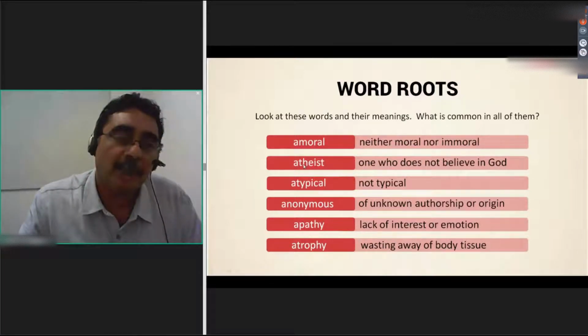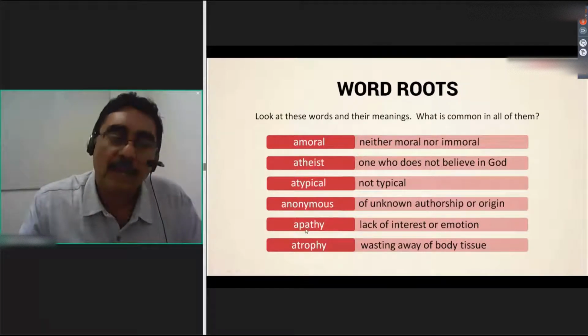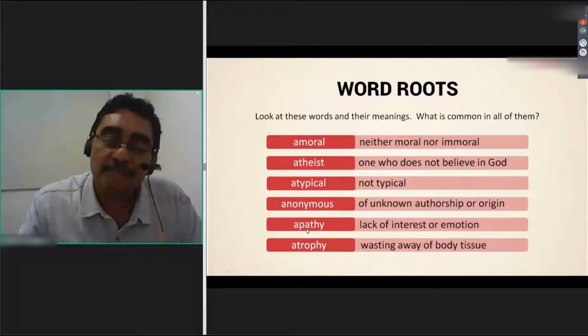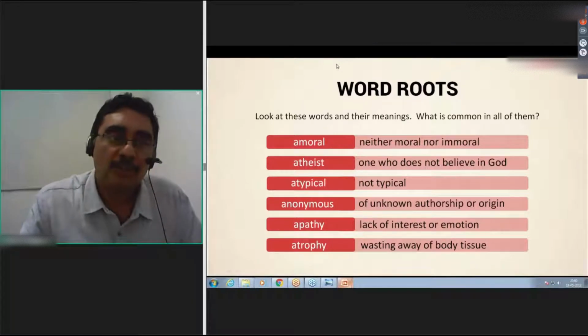Atheist is somebody who does not believe in God. Atheist, right? And so on. Apathy: pathos means feelings, and apathy means somebody who does not have feelings for something. Does that make sense? So some of the words in GRE have this; A creates a negative sense.